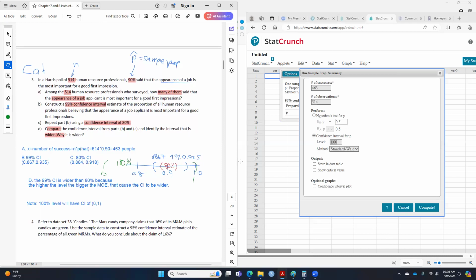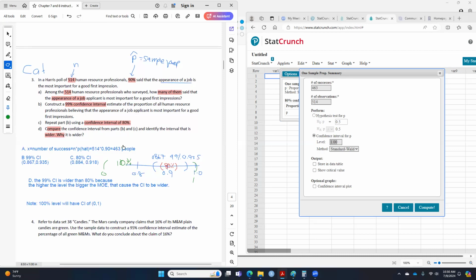Why do I say 0 to 1? Because if I want 100% confident, 100% means 100% sure. So if I want to make 100% sure, then I will take the entire outcome that it can have. Either you go from 0% to 100%. Okay, so that means you take the full 100%.